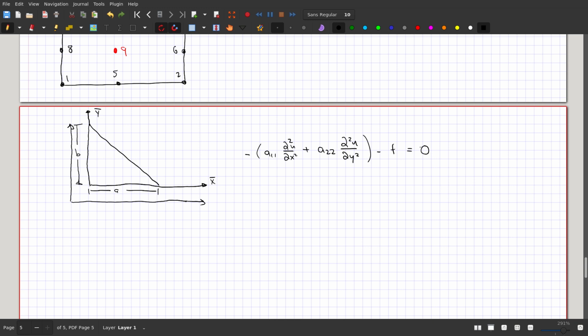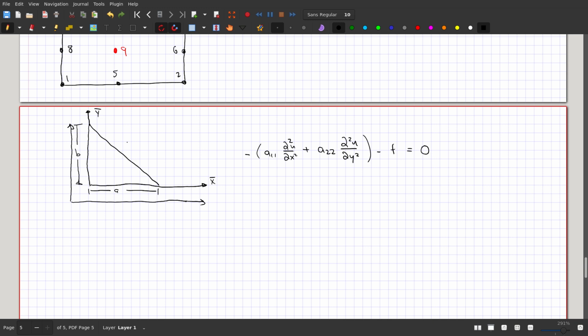Okay, so actually, I'm just going to point out, because we're going to have to integrate this thing. We're going to integrate in the y direction from here to this line. What's the equation of that line in the local coordinate system?